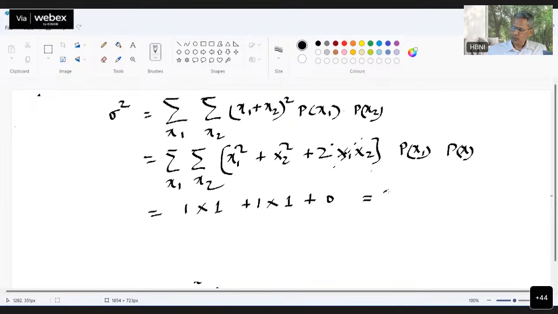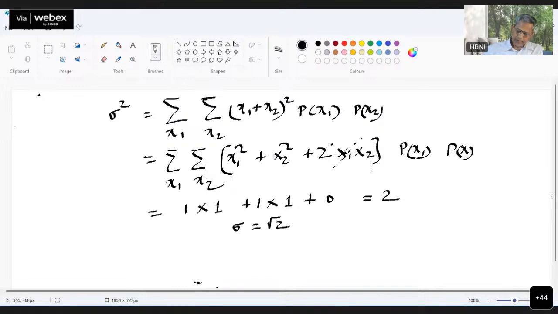That is 2. If sigma square is 2, then you get sigma as root 2. So after one step, the seller had moved on average 1 unit. We saw that sigma was 1. But after two steps, sigma is root 2. So that's interesting.